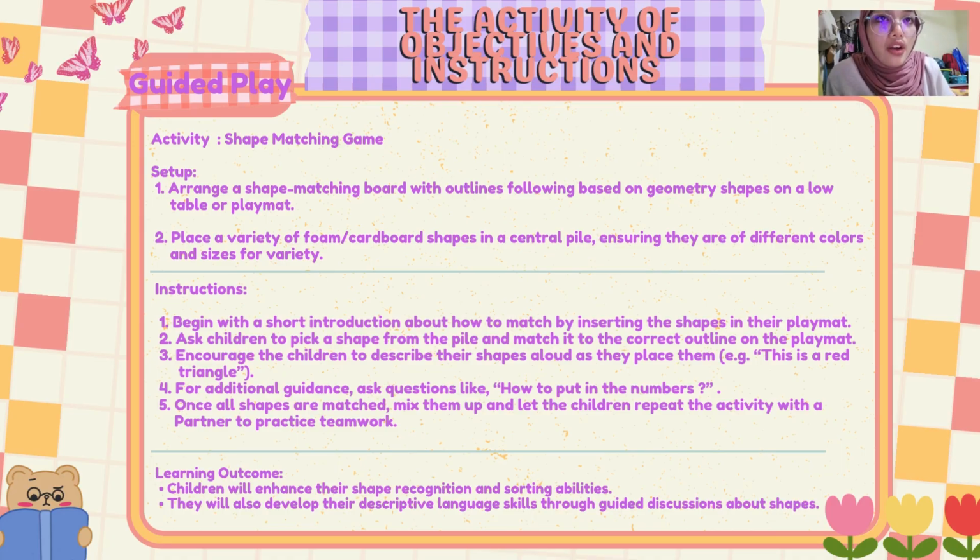Next, encourage the children to describe their shape aloud as they place them, for example, this is a red triangle. Next, for additional guidance, ask questions like how to put in the numbers. Last but not least, once all shapes are matched, mix them up and let the children repeat the activity with a partner to practice teamwork.